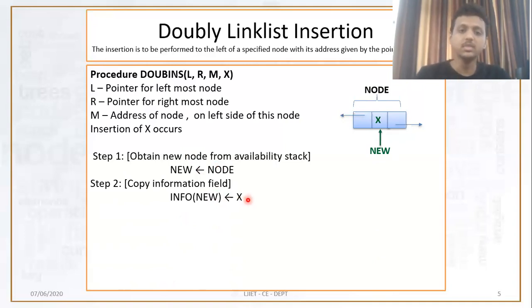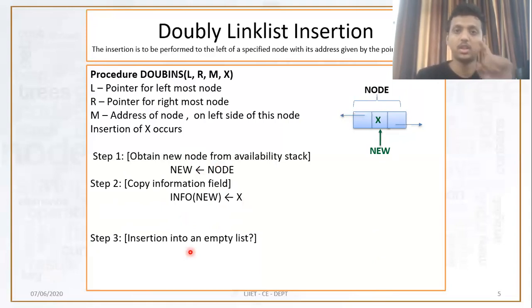Okay. Next, insertion into an empty list. Make sure here we are going to consider three different cases in step number 3, step number 4, step number 5. Each and every step is very important in a doubly linked list. You just need to imagine the scenario and then how the insertion can be performed.